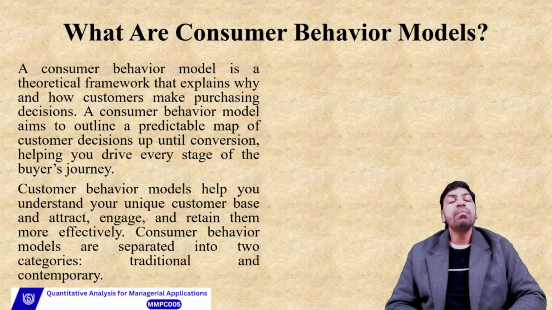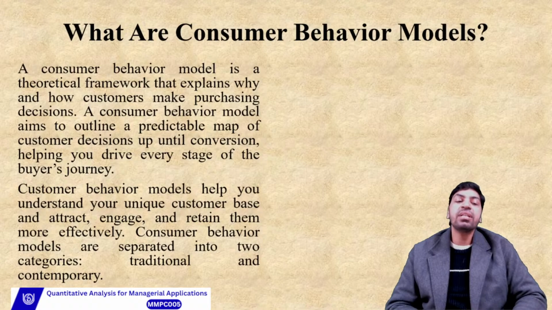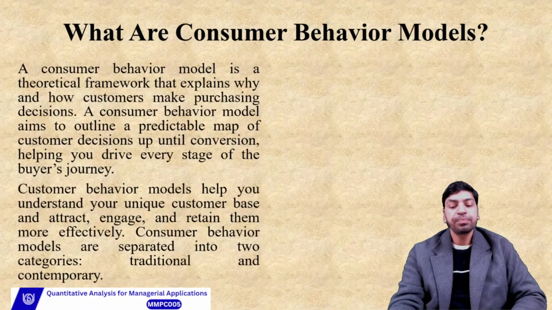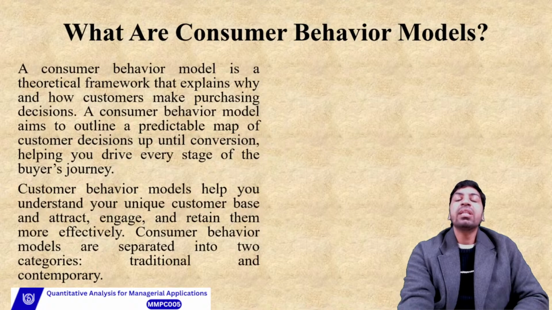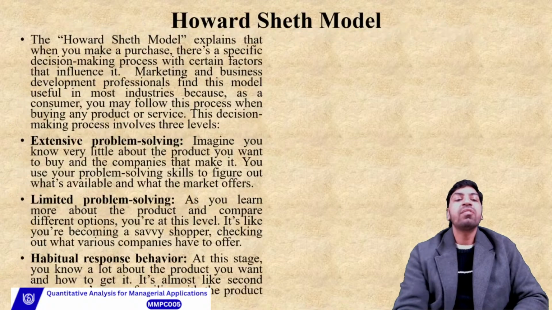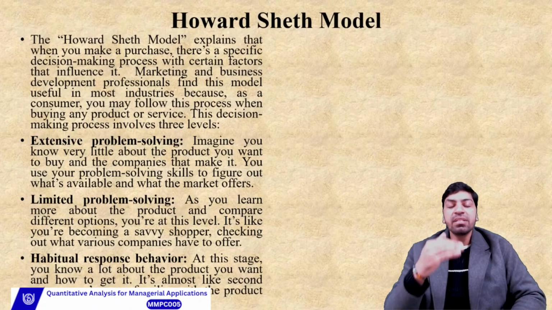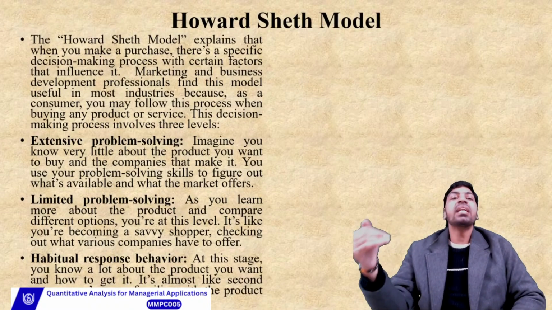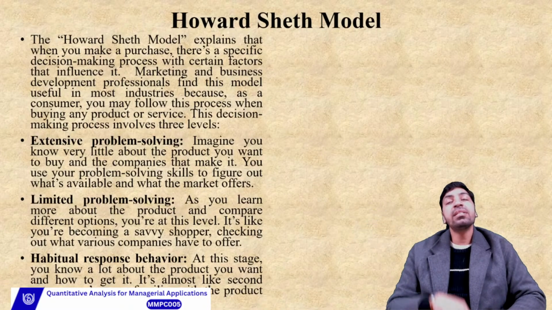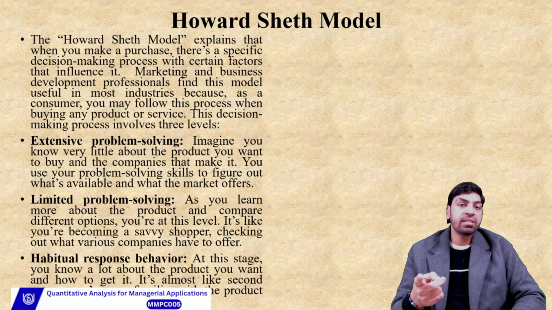The consumer behavior models are classified into two main types, traditional and contemporary. So let's begin. The first model is the Howard-Sheth model. This model explains that when a consumer makes a purchase, there are specific decision-making processes and associated factors that influence their purchasing decisions.